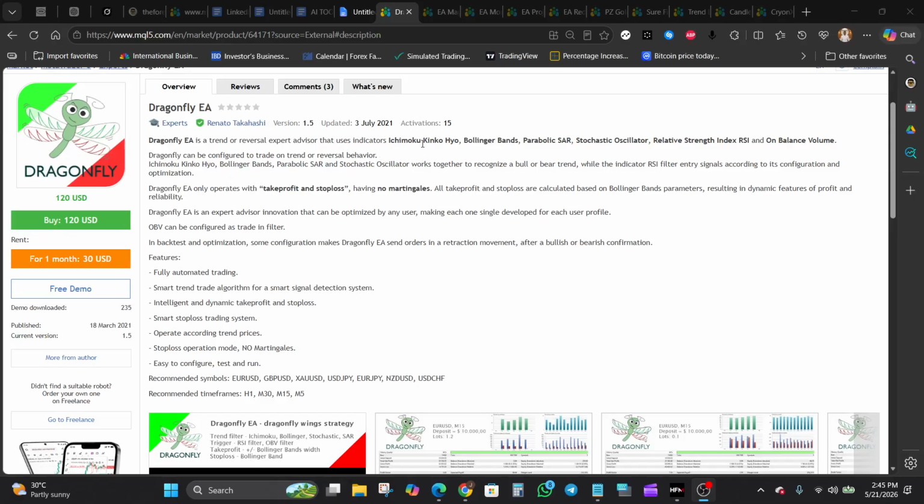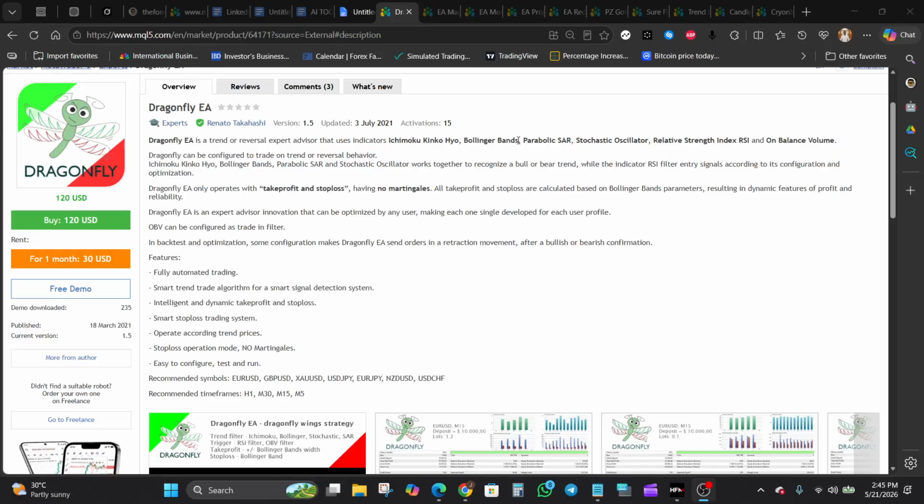So the way the system is described, Ichimoku, Bollinger Bands, Parabolic SAR, and Stochastic work together to identify bullish or bearish market conditions, while the RSI is used as an entry filter depending on how the trader configures and optimizes the settings.